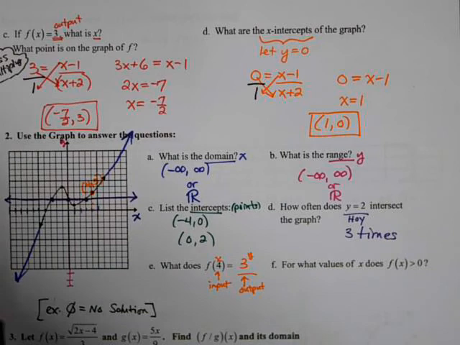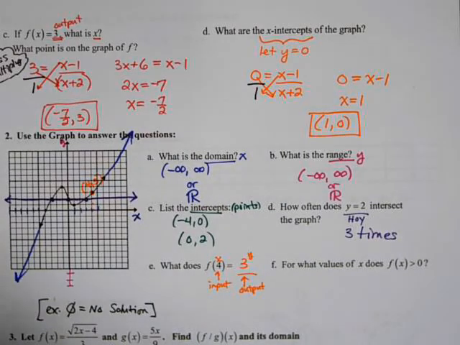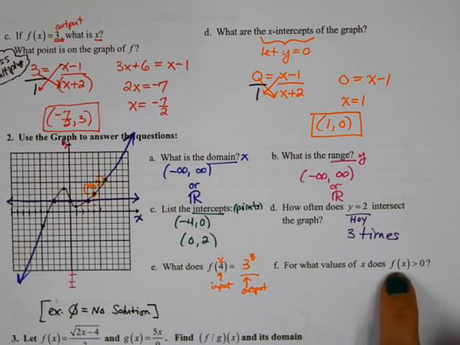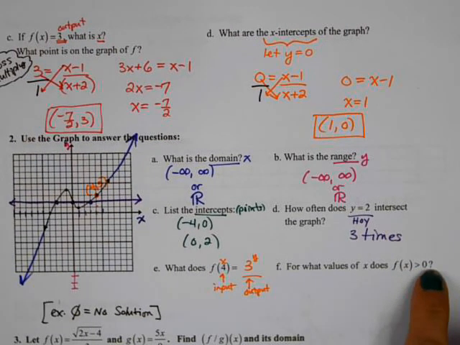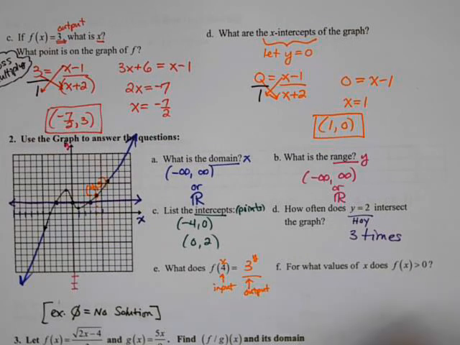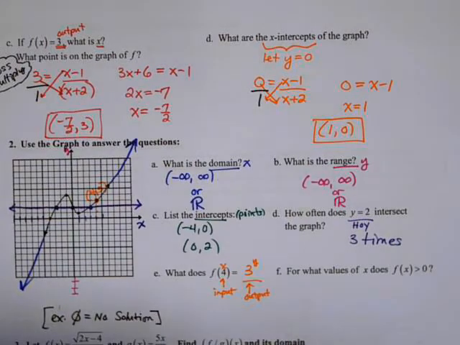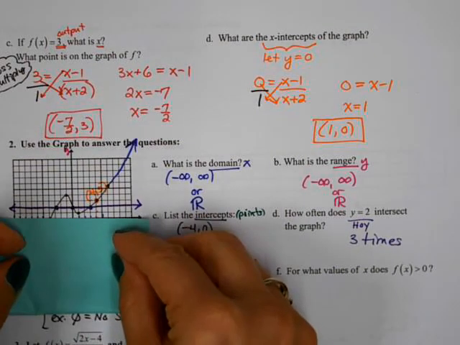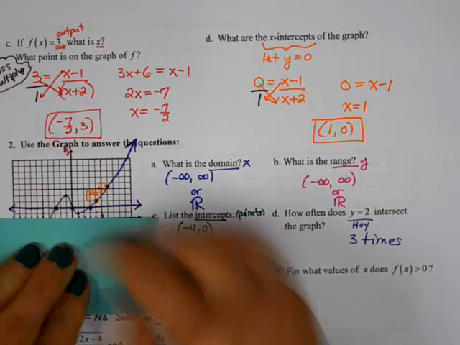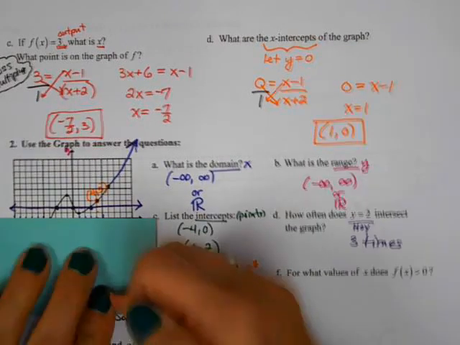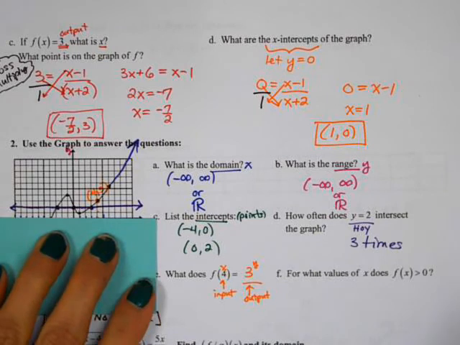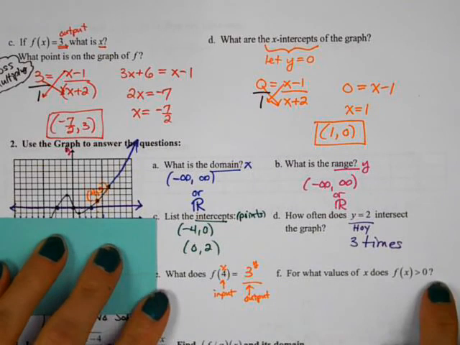It says for what values of x does f of x stay more than 0? Now we've got to take a look at our graph. More than 0 means you're only allowed to look up. So I'm even going to cover everything here. You're not allowed to look down below the x-axis. You're only allowed to look up, above 0.